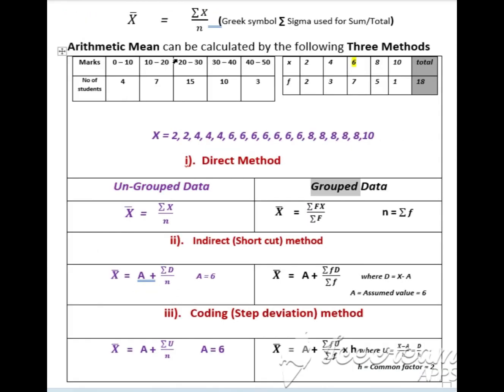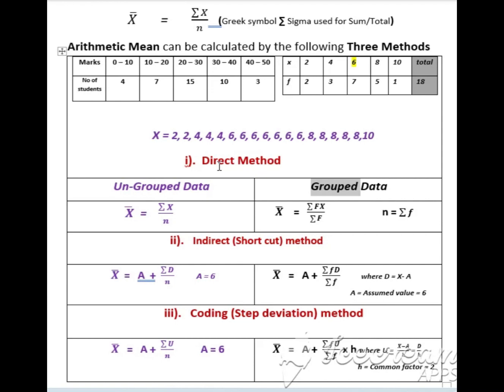Arithmetic mean can be calculated by the following three methods. Number 1, direct method. Number 2, indirect method, also called the shortcut method. Number 3, coding or step deviation method. Each method has two categories, ungrouped data and group data.